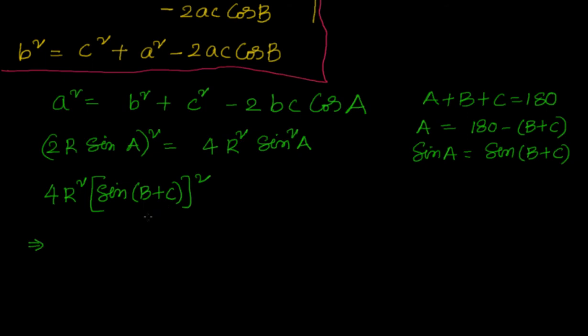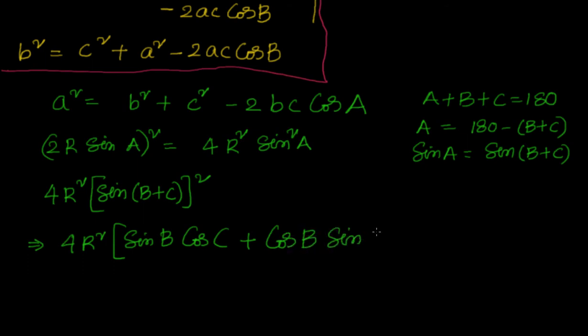So what I can do now is I can expand the sine of b plus c. It becomes 4r square, sine b cos c plus cos b sine c, whole square.